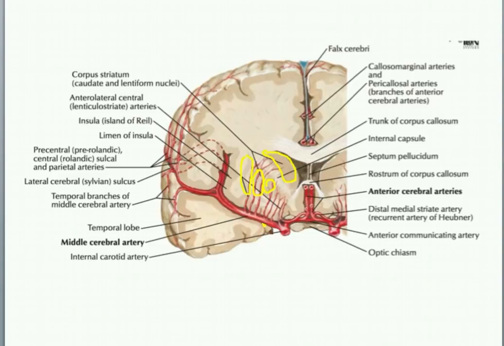And these arteries here, the lenticulostriate arteries, are some of the most commonly damaged arteries in hypertensive disease. So if these were damaged in our patient, then we would have loss of function in the basal ganglia, which could explain some of our symptoms. So thanks so much for watching. I'll see you tomorrow.